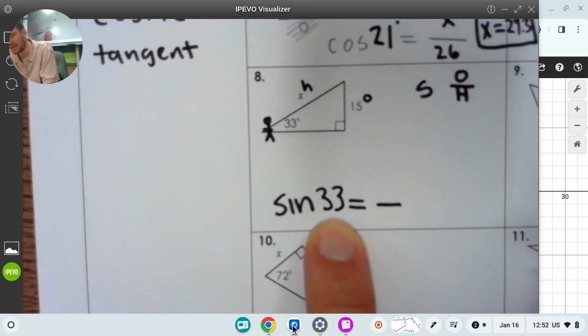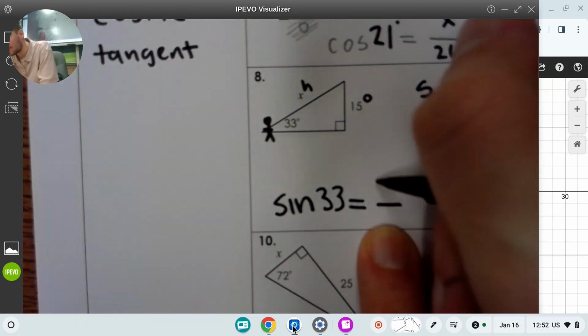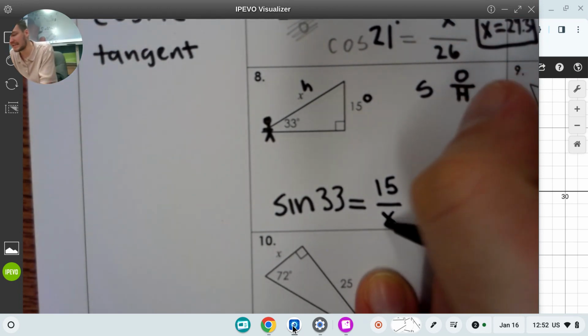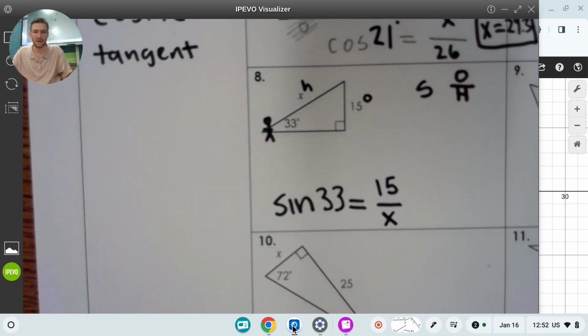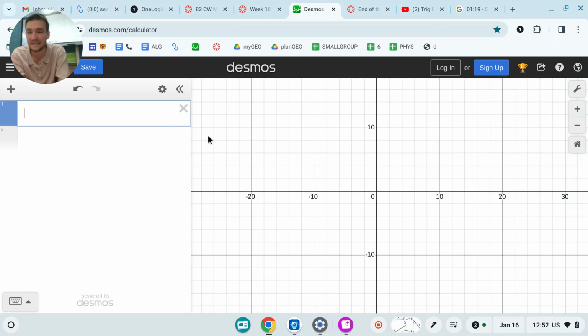The 33 goes right here. The opposite goes on top, which is the 15, and the hypotenuse goes on bottom, which is the X. Then we go to Desmos, we type it in, sine abbreviated to sin, 33 equals 15 divided by X.